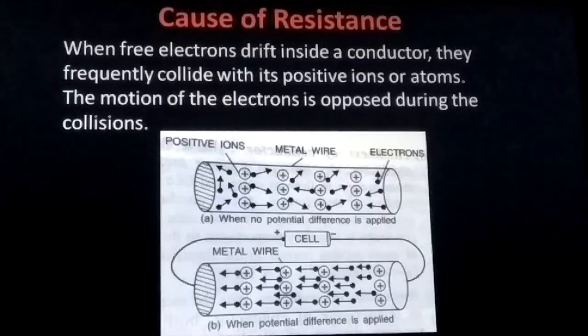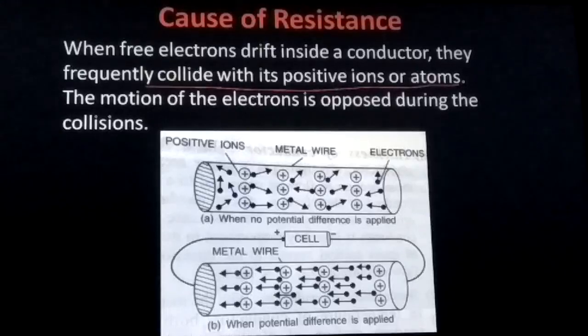If you observe this first figure, it is a metal wire. When free electrons drift inside a conductor, they frequently collide with the positive ions or the atoms present in the metal.